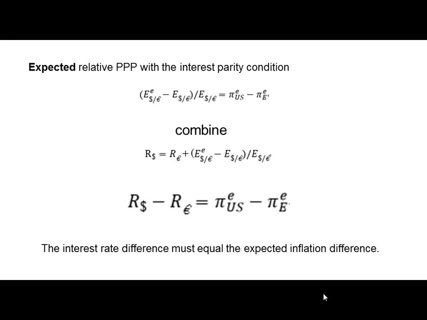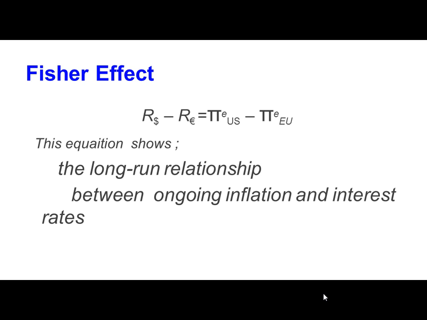And next is the Fisher effect. Next, I will explain what is called the Fisher effect. The Fisher effect is the long-run relationship between ongoing inflation and the interest rate.